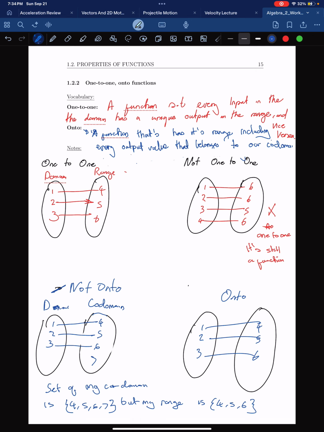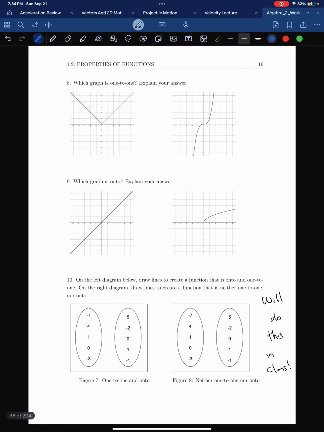All right, awesome. So let's do some examples. Is this one-to-one? We have a simple test to see if a function is one-to-one. For it to be one-to-one, remember, it has to have a unique set of values in its domain and a unique set of values in its range.